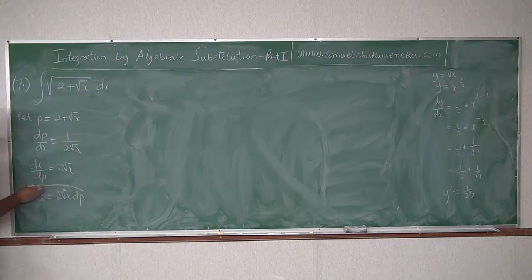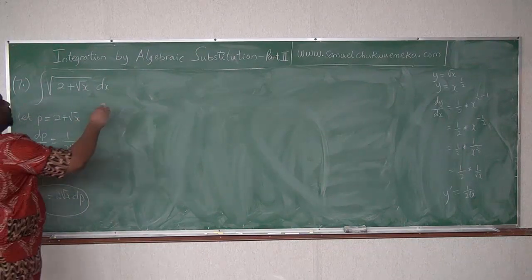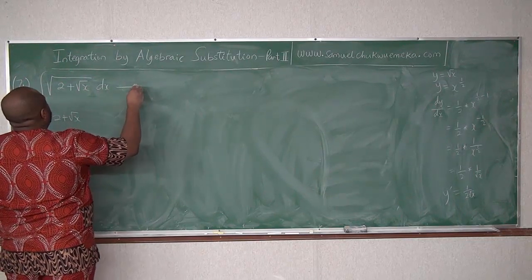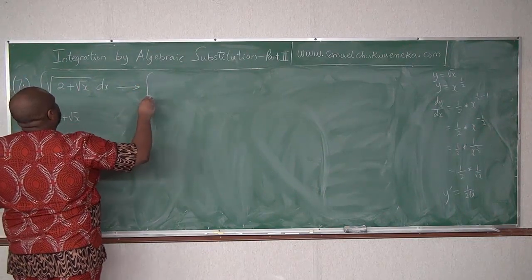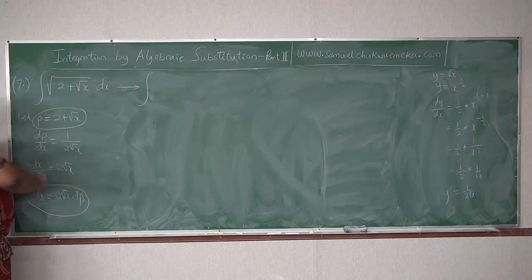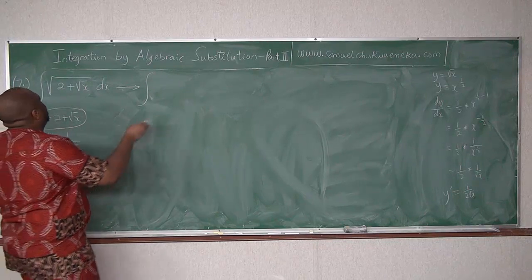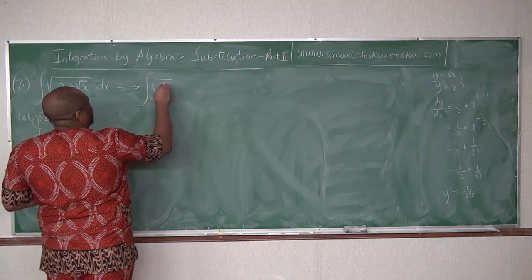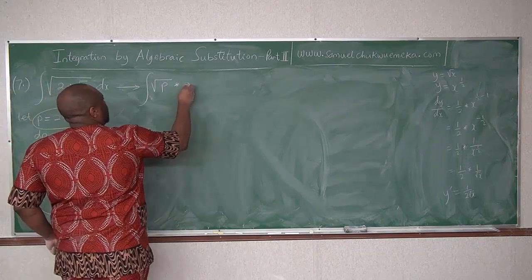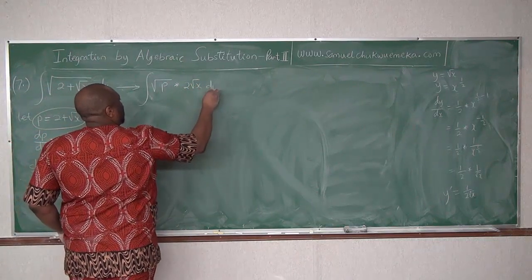This now implies the integral of square root of p times 2 root x dp.